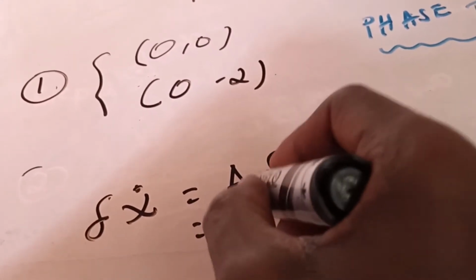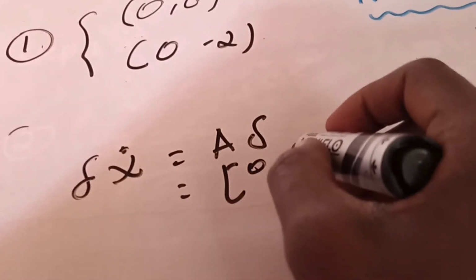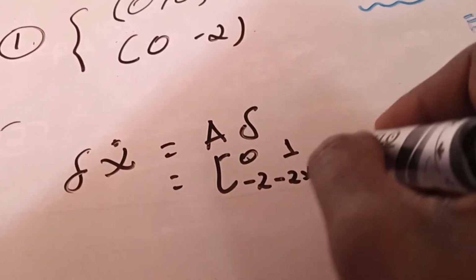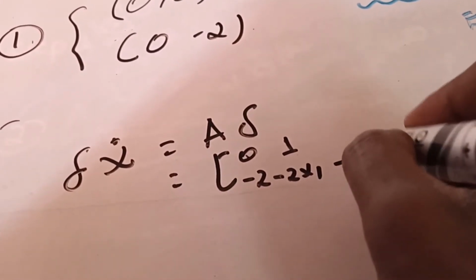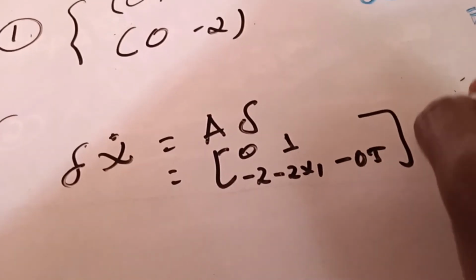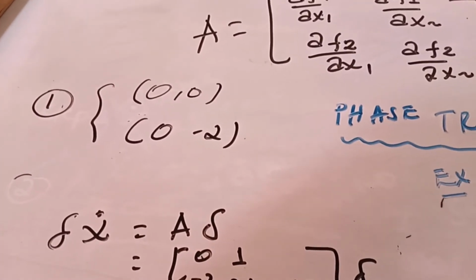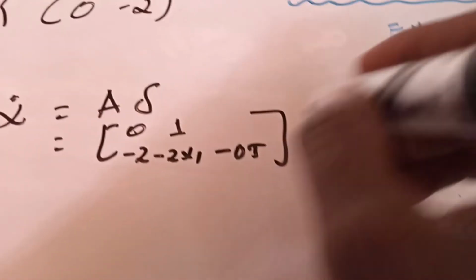So our A is 0, 1, minus 2 minus 2x1, minus 0.5, times delta x. Now I have to operate the lambda value at a given point.